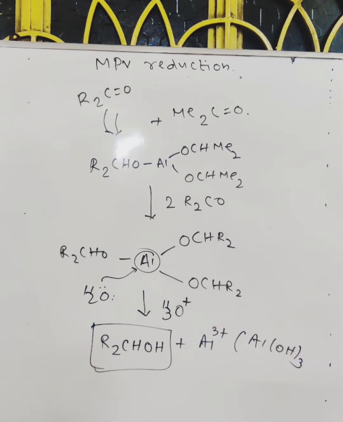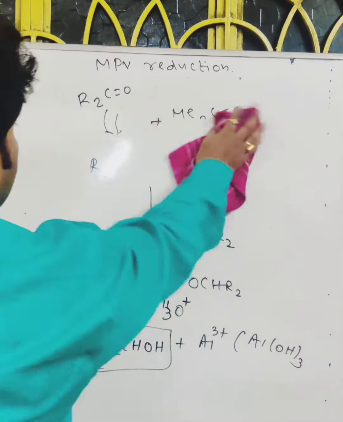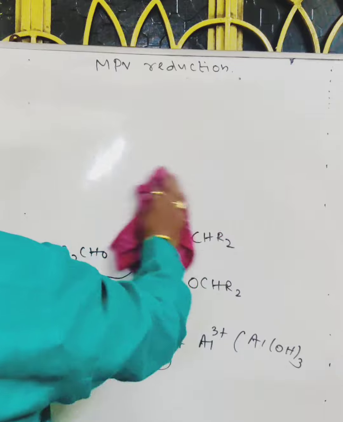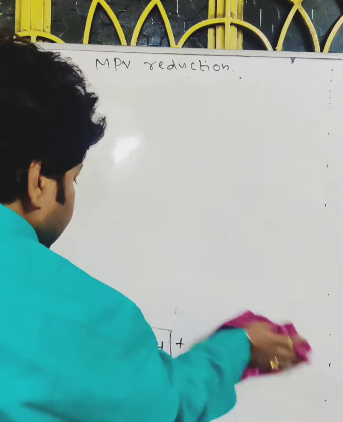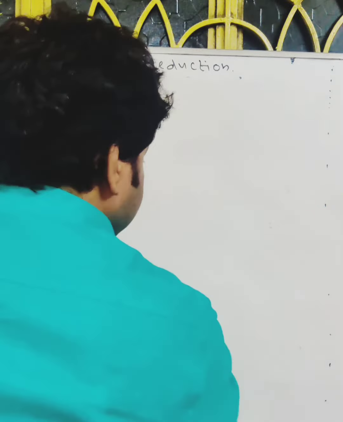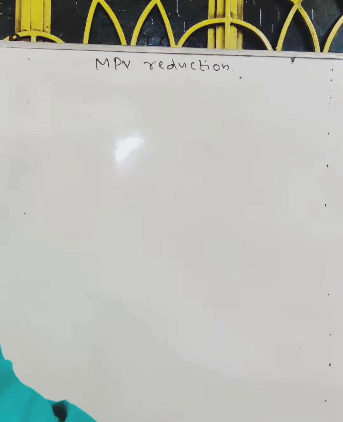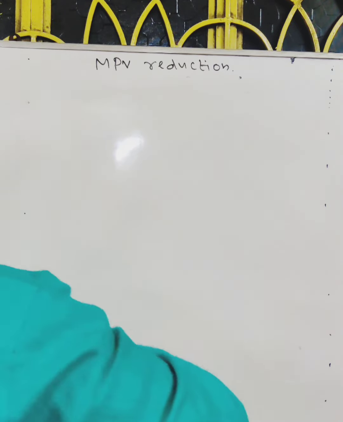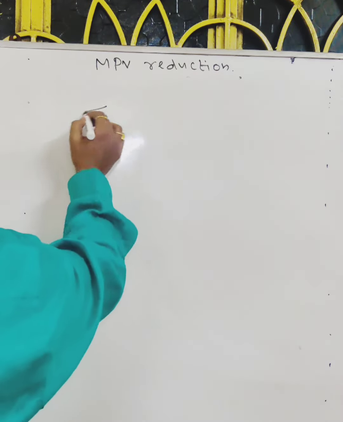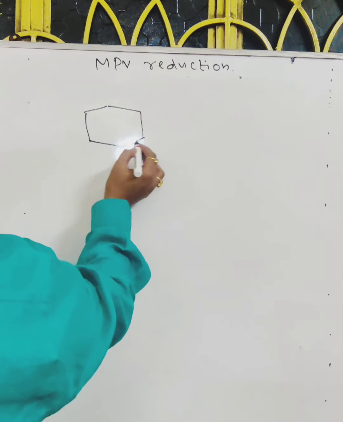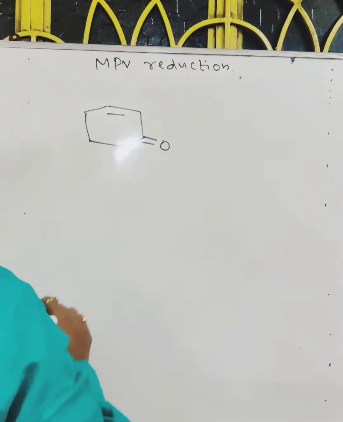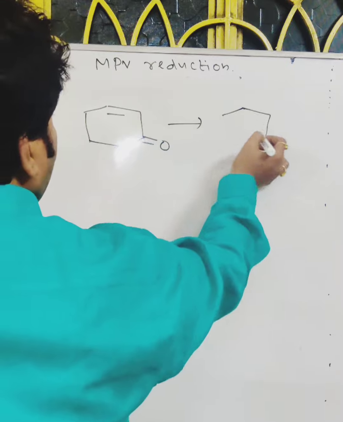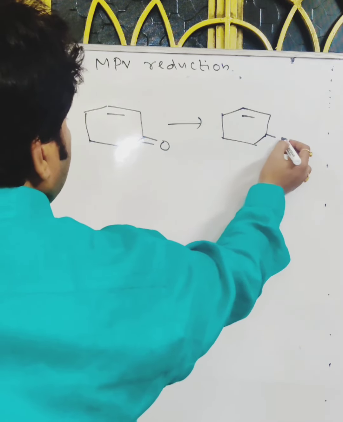Now this MPV reduction, why are we doing it? Do we have any synthetic use of it? Synthetic use in the sense, do we have any practical use of it? Yes, we have. Suppose for example you have something like this, and you want to convert it to this one.